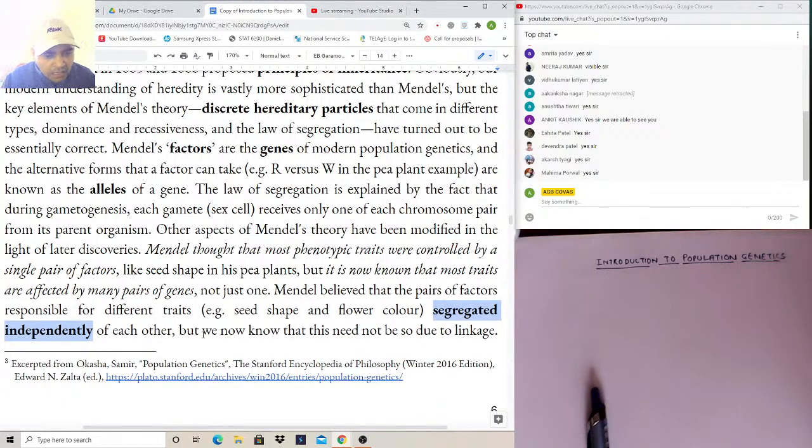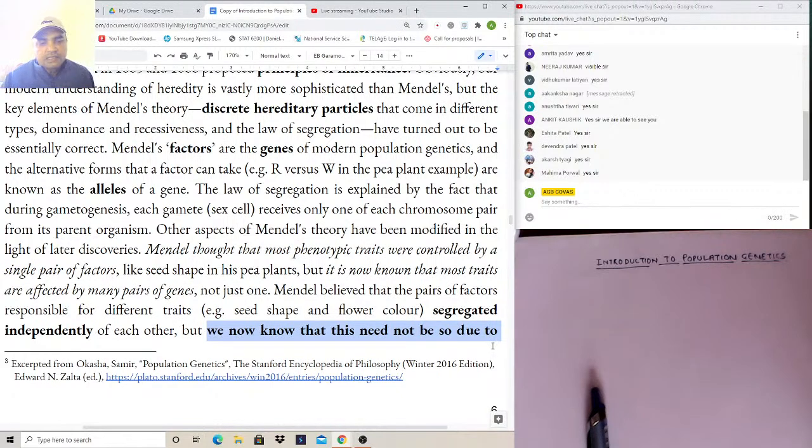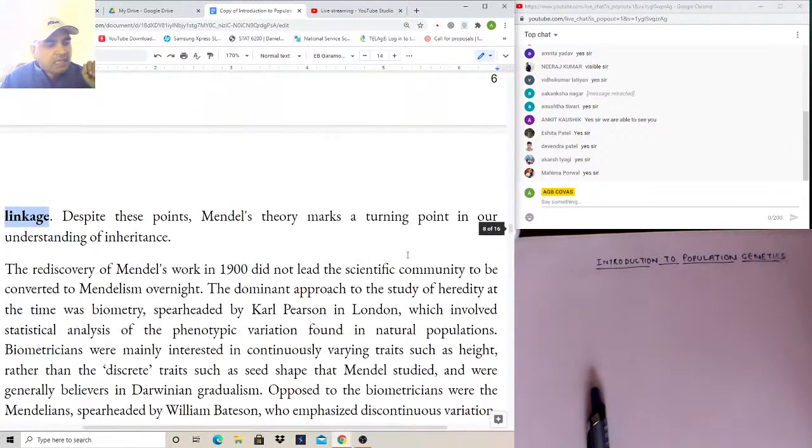But now we know that this need not be so, due to linkage. Due to linkage, there may be chances that they may not segregate independently. Despite these points, Mendel's theory marks a turning point in our understanding of inheritance.